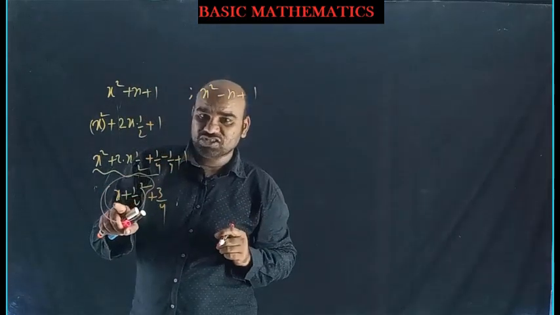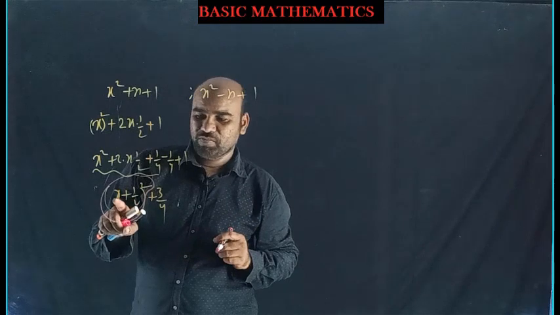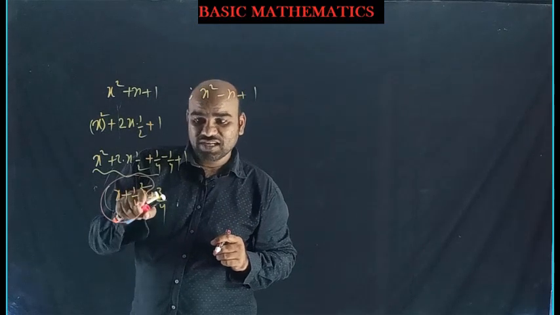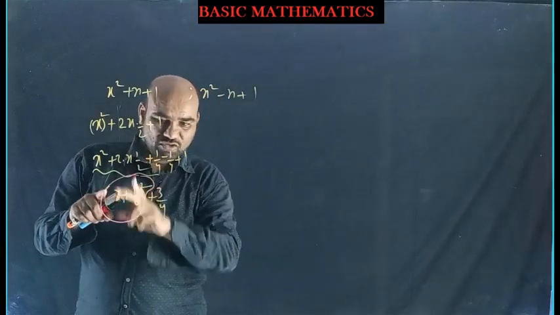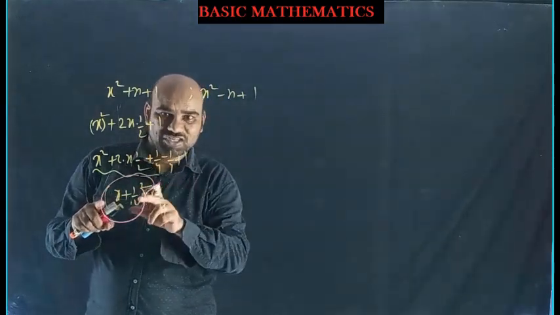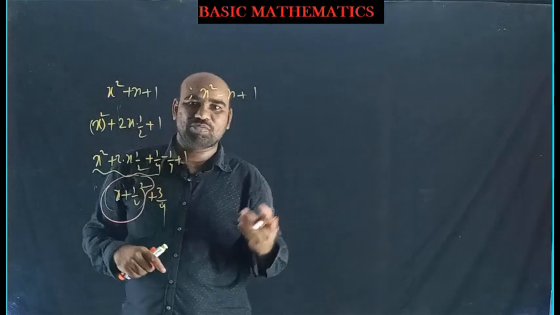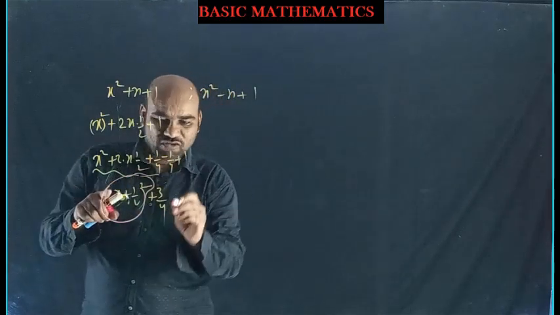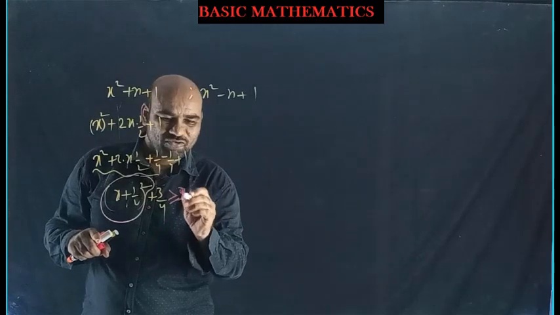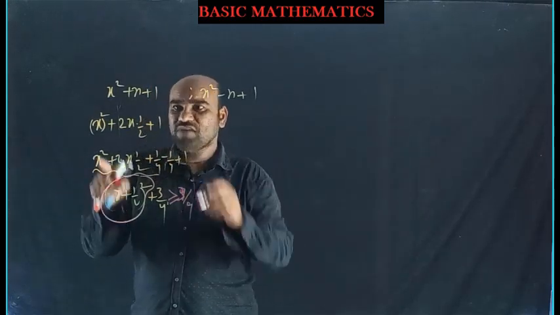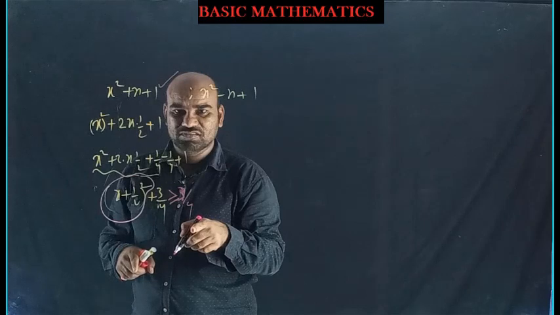When it is 0, x equals minus 1 by 2. Other than that, the value is more than 0. So the total value is 3 by 4 plus 0 or 3 by 4 plus something positive. What is the meaning of this? This total value is always greater than or equal to 3 by 4. So the minimum value of this expression is 3 by 4.